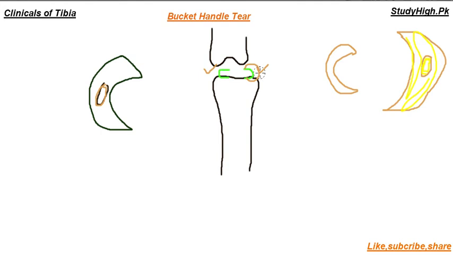So the medial meniscus bears more stress as compared to the lateral meniscus. That's why we call it a bucket handle tear of the medial meniscus. In a radiograph, there will be an unlightened area in the center of the medial meniscus. So a bucket handle tear is a rupture of the medial meniscus, or sometimes maybe of the lateral meniscus.